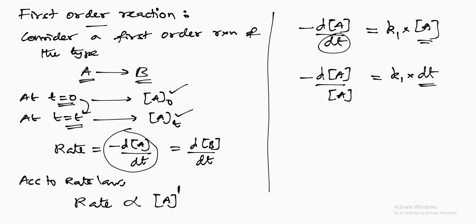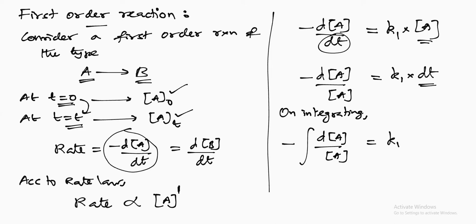To find total change, you need to integrate. So on integrating the above equation, I am going to integrate the left hand side, minus dA by A. In the right hand side, I'll keep the constant outside the integration bracket, so K1 into integral dt. What is the time interval?